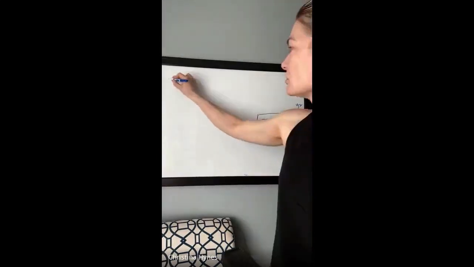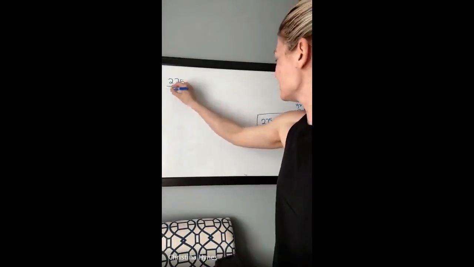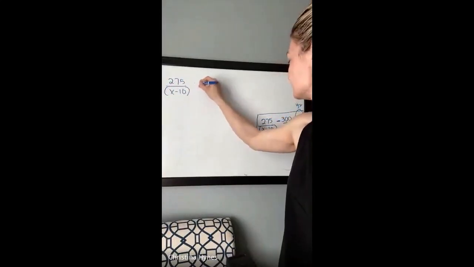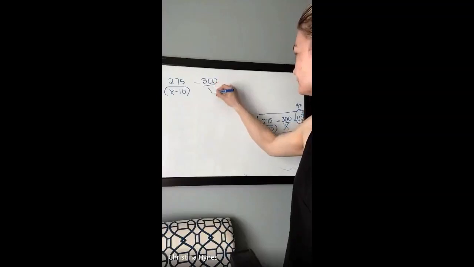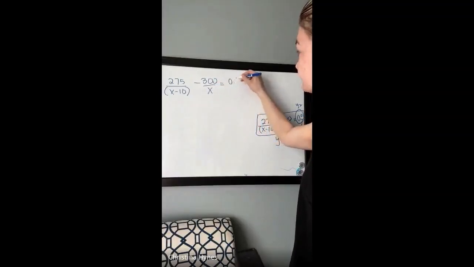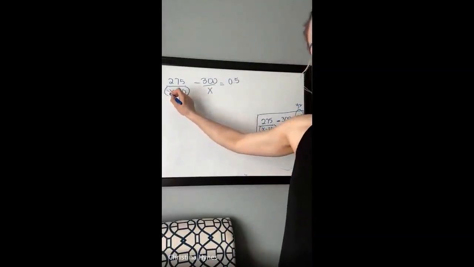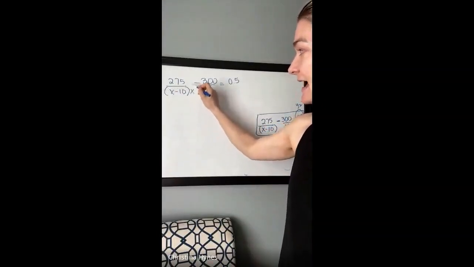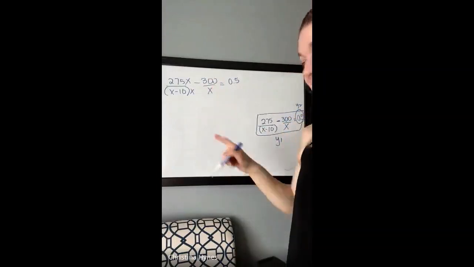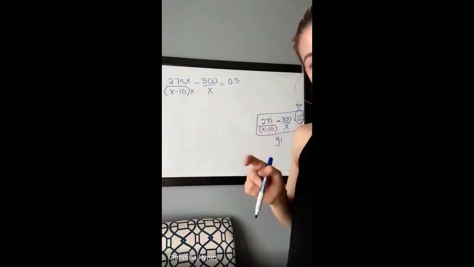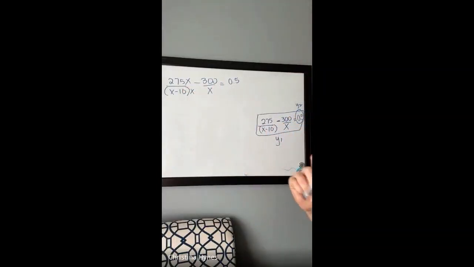Okay, so if you want to do this one algebraically, common denominators first. With this fraction, I need to multiply this first fraction by x, x to the bottom, x to the top, because these are different factors. x minus 10 is different than x by itself.